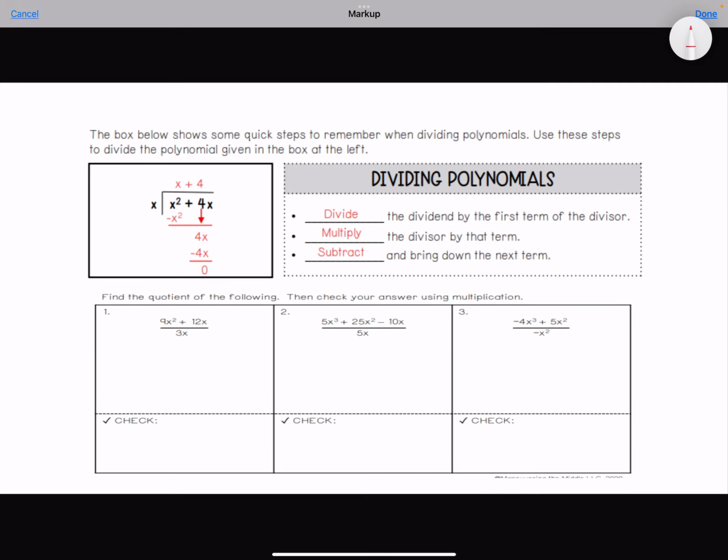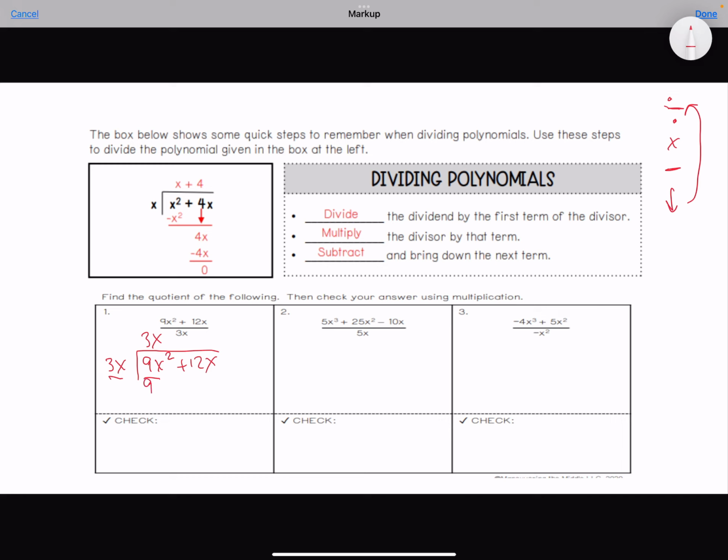The box below shows some quick steps to remember when dividing polynomials. Use these steps. So I've always taught it, you divide, you multiply, you subtract, you bring down, and then you start over. So for 9x squared plus 12x divided by 3x, doing long division: how many times can 3x go into 9x squared? 3x.